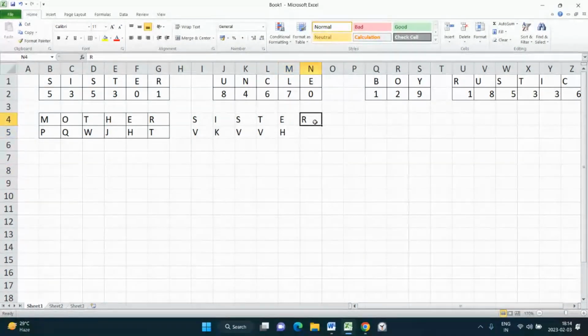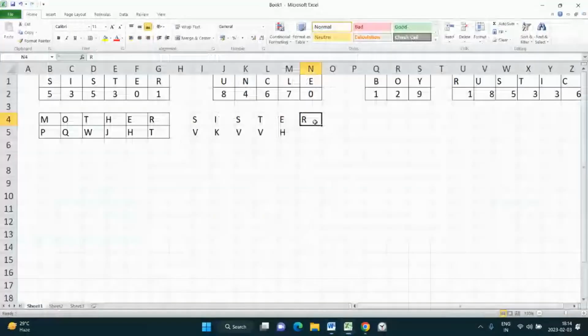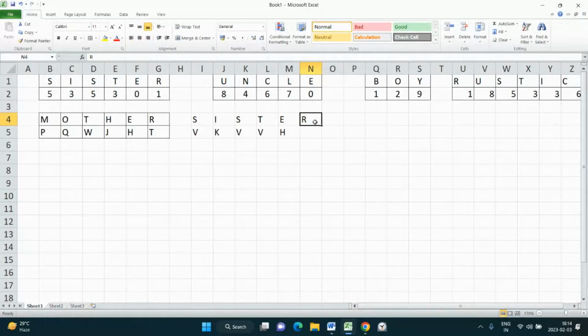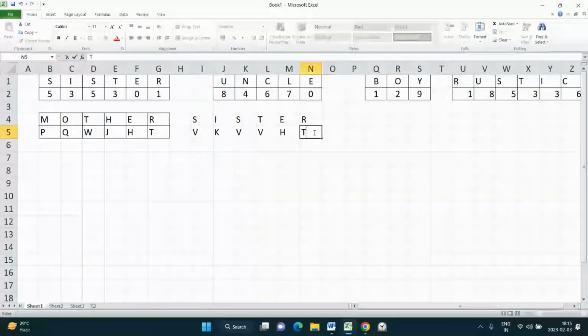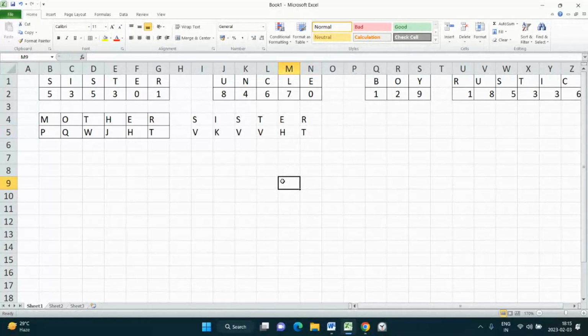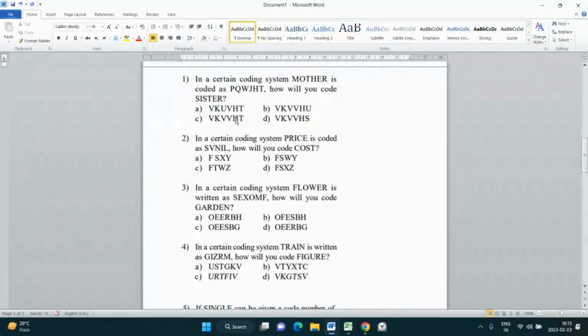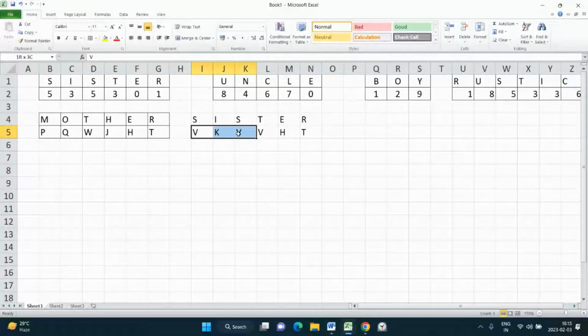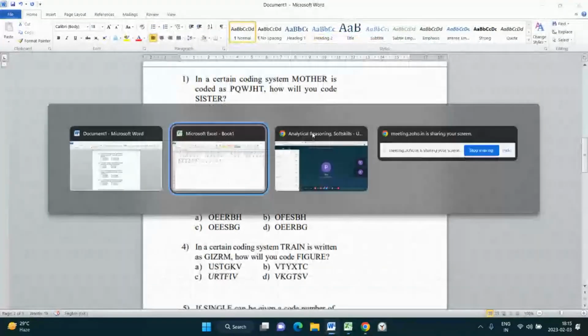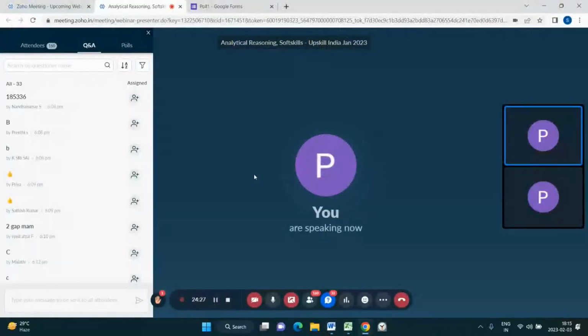Then R. R, S, T. So C is the right word. V, K, V, V, H, T. Somebody has already given the right answer. I think all of you understood, right? Can you give a thumbs up?